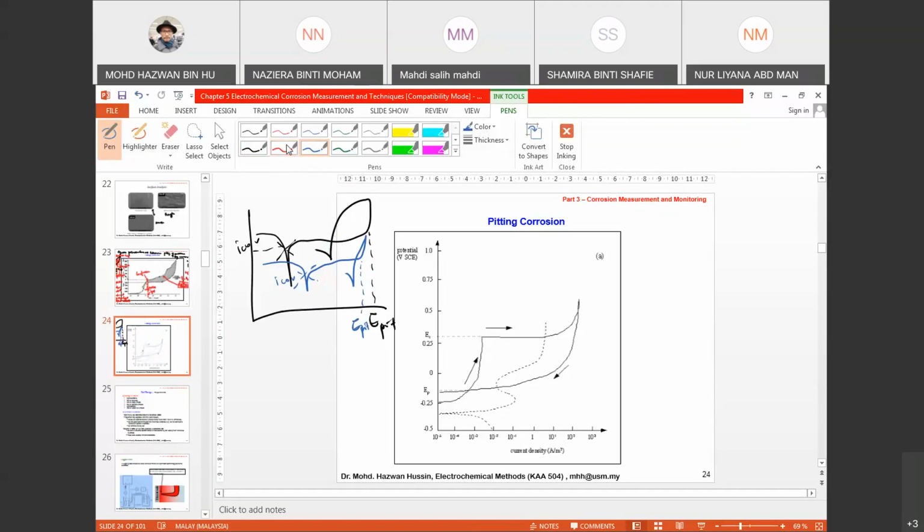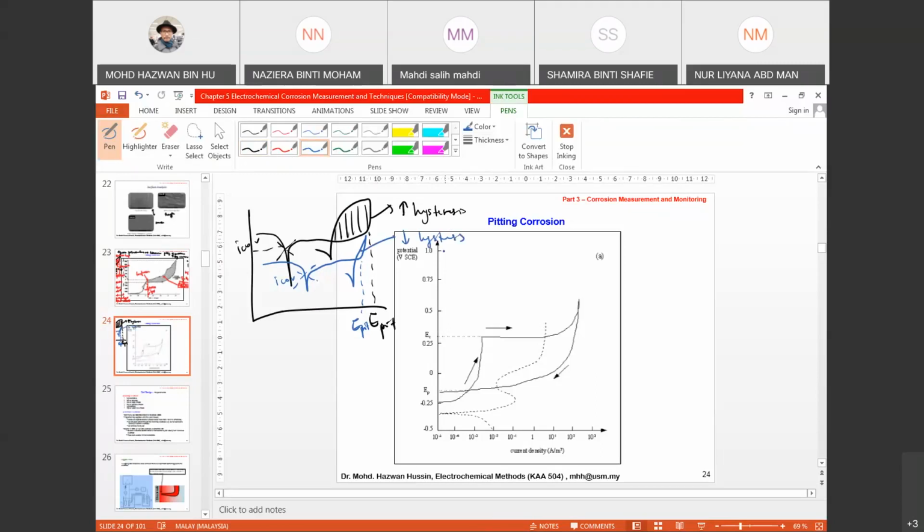Hysteresis loop, you can observe that the hysteresis loop for blank is bigger compared to with the presence of inhibitor, low hysteresis.